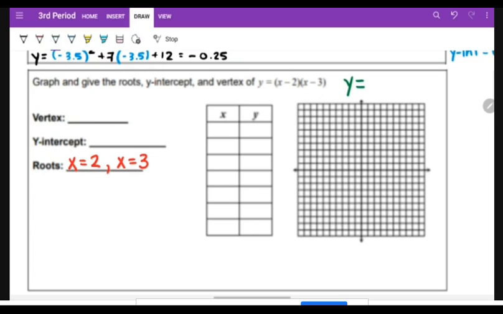And when you do that, you should get y equals x squared minus 5x plus 6. Pay attention and make sure that you have the same signs that I have. X squared minus 5x plus 6. So that gives you a y-intercept of (0, 6) and a vertex of (2.5, negative 0.25).